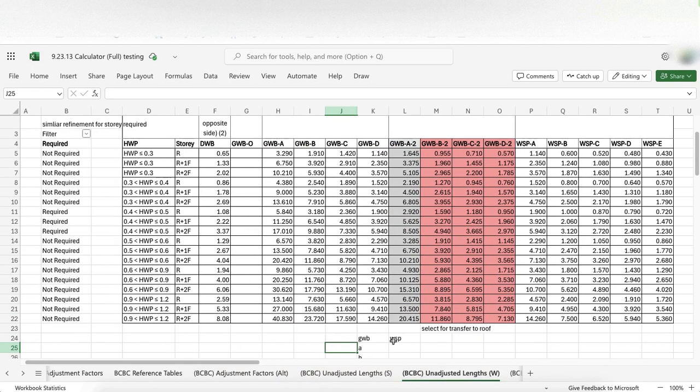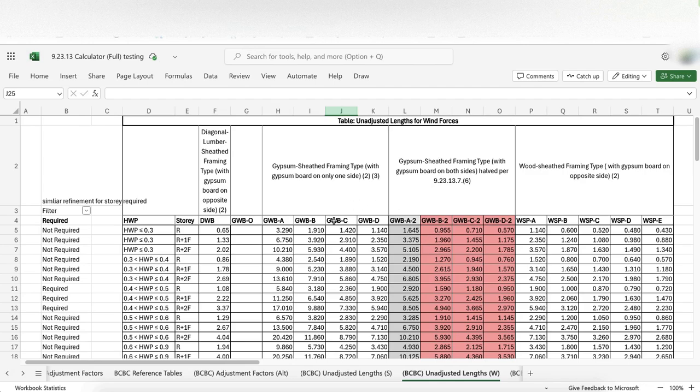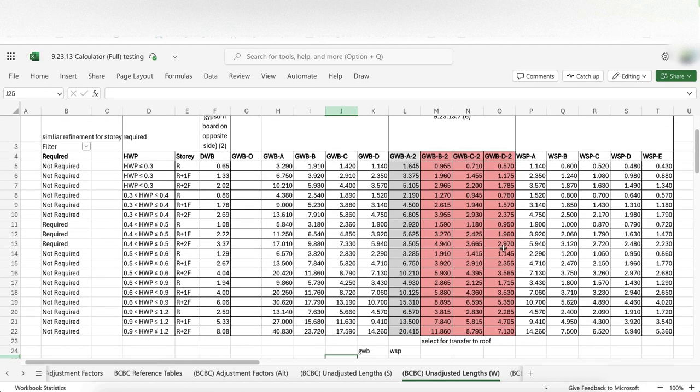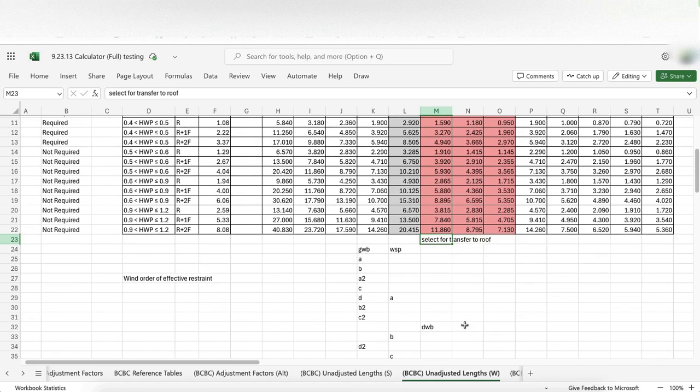Again, the unadjusted lengths for wind, the same kind of approach. These ones here that I've highlighted in red in the middle relate to the values that are assigned when we're doubling up the gypsum wallboard. Through my calculations, I was assuming that these three reference framing types were also required to transfer through to the roof.